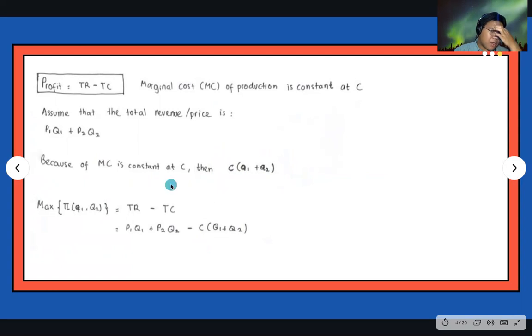So the optimization function is profit equals TR minus TC, which is P1Q1 plus P2Q2 minus C open bracket Q1 plus Q2 close bracket. We get this by substituting this equation into that equation.